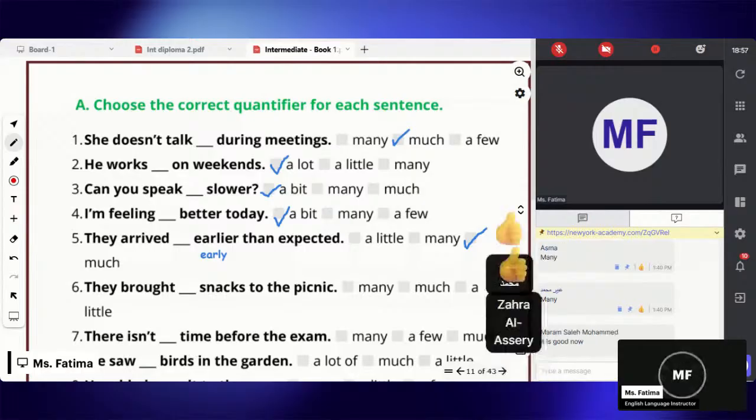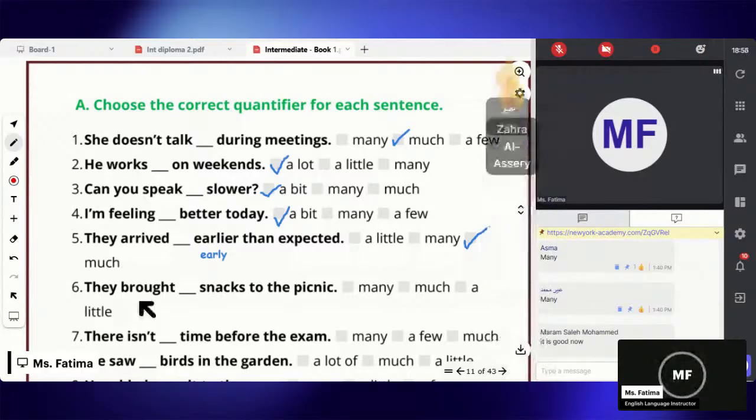All right, number 6. Many snacks to the picnic, much snacks to the picnic, a little snacks to the picnic.